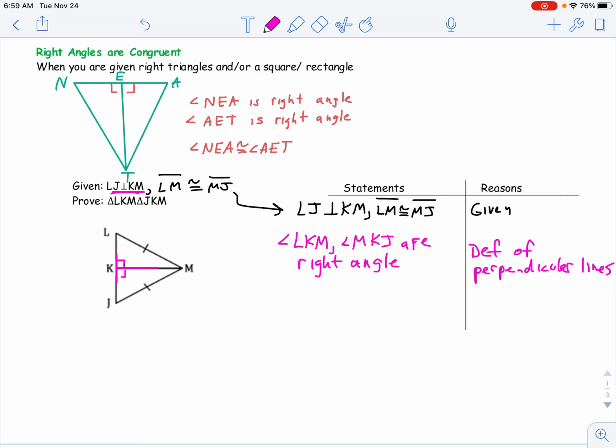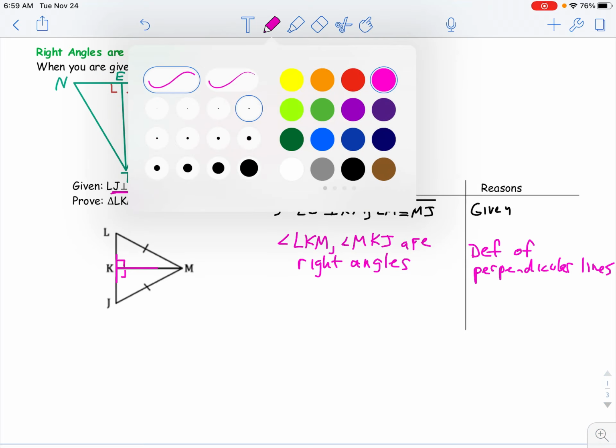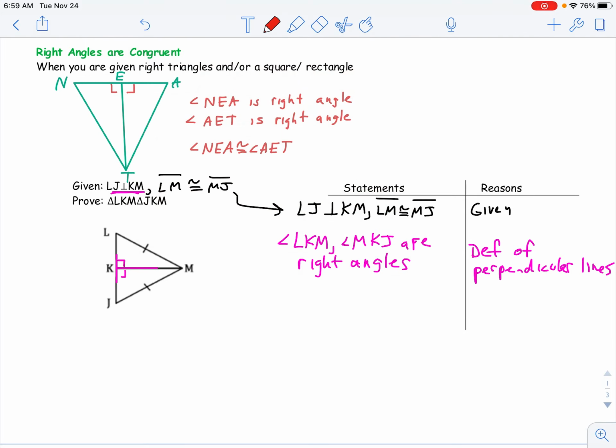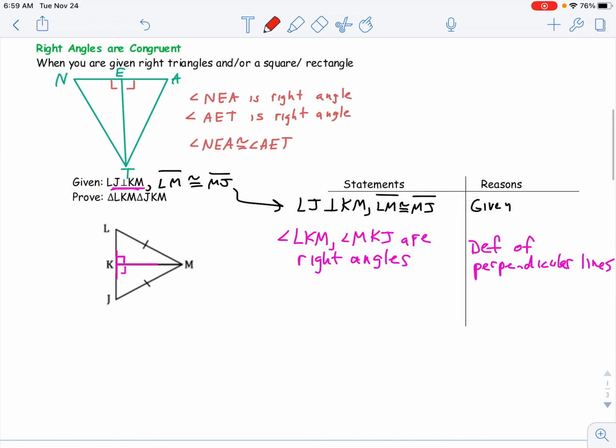Thus, there's a couple different things I could say here, just depending on the teacher, whoever's constructing the quiz or a test, whatever it may be.